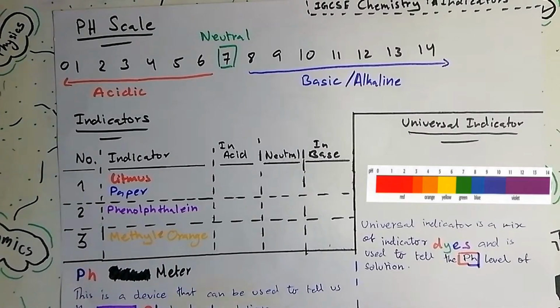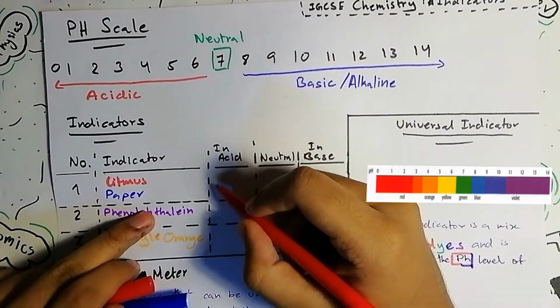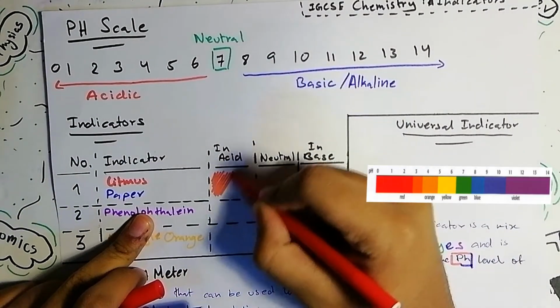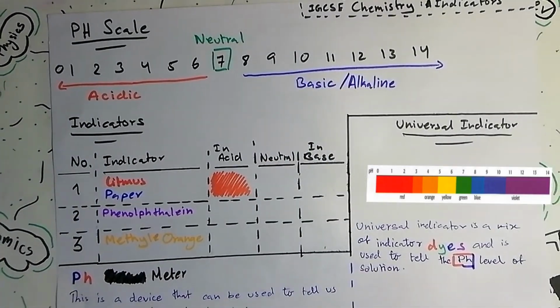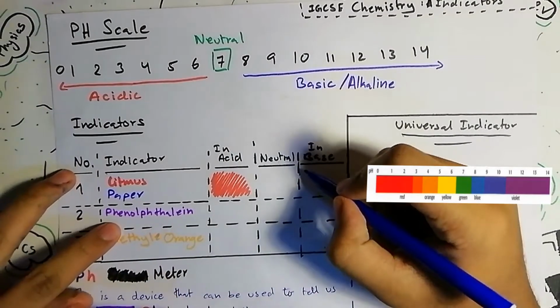The first indicator we have is litmus paper. Litmus paper is a strip of paper that we put into a solution, and if the solution is an acid, it will turn red. And in a base, it will turn blue.